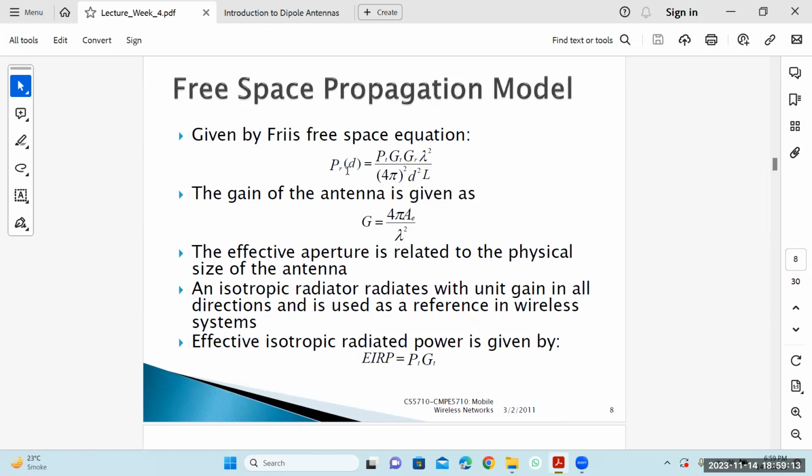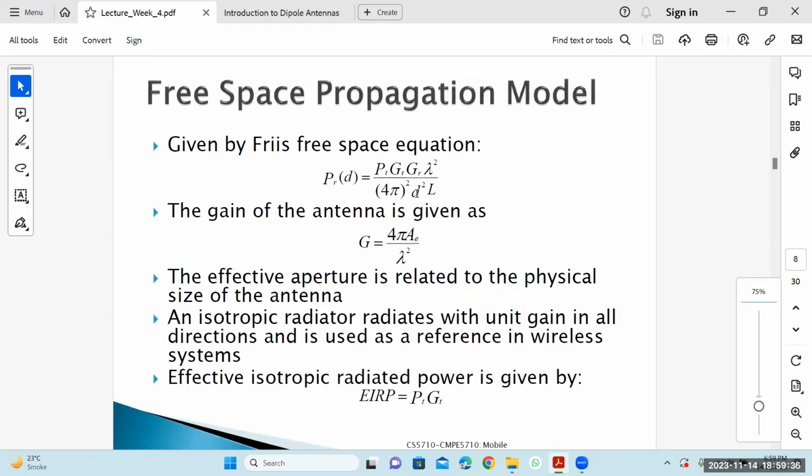What it tells us is that the received power at some distance d is equal to the transmitted power multiplied by the gain of the transmitting antenna, multiplied by the gain of the receiving antenna, multiplied by the square of the wavelength, divided by a constant (4 pi) squared, times the square of the distance, and L. The gain of the antenna is given by 4 pi AE over lambda squared.